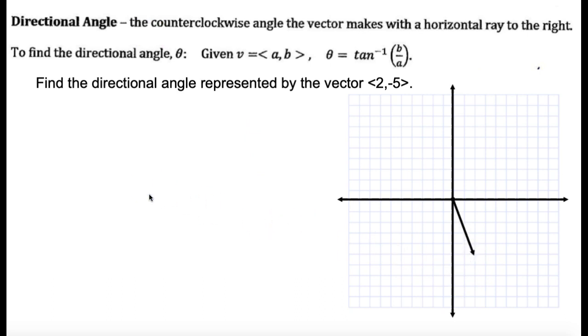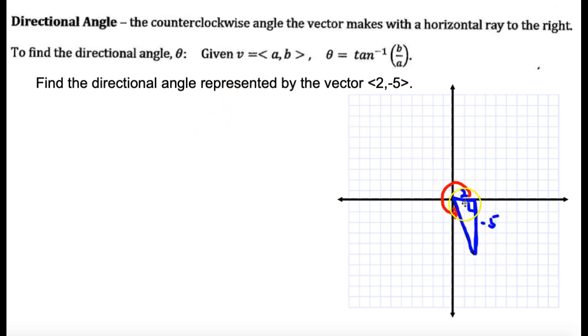All right. So what we want to find is the angle that is created. Essentially, we want to find this entire angle right here. Okay, well, to do that, we are just going to create a right triangle right here. So if we know that this is the vector <2, -5>, I already know these pieces of the right triangle.